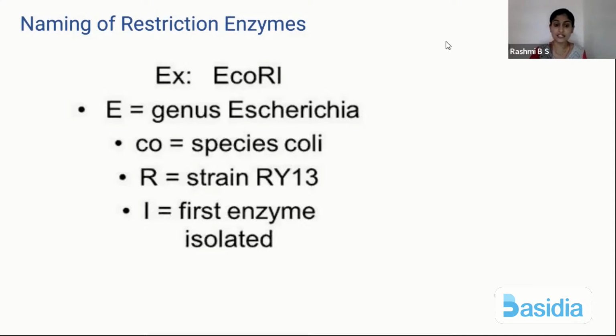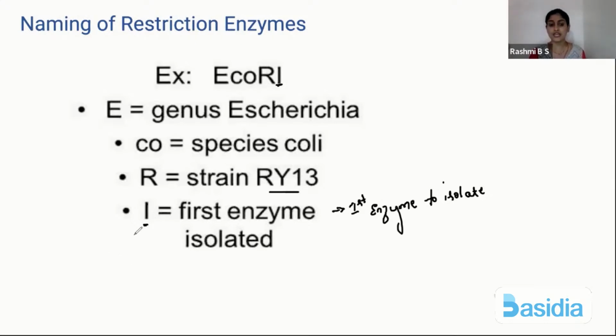Some of you are asking why we have written one. Good question. In EcoR1, this is the Roman numeral one. This means this enzyme is the first enzyme isolated from this bacteria, the Escherichia coli RY13 strain.